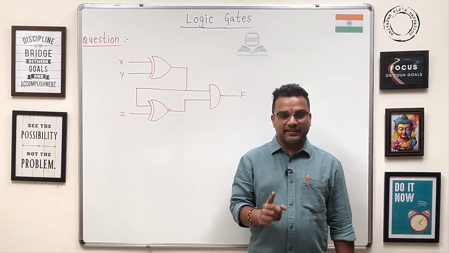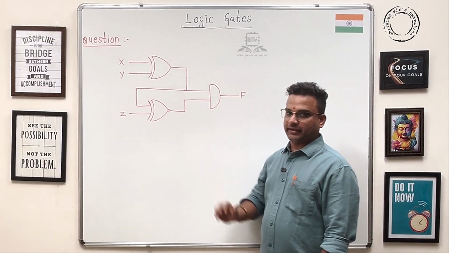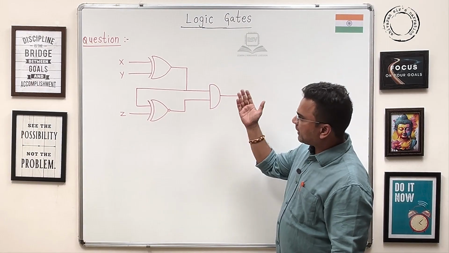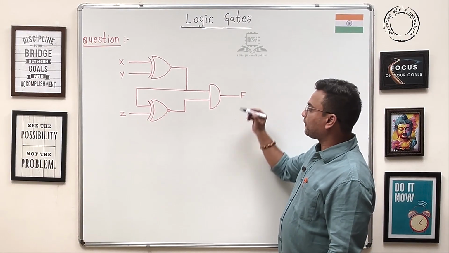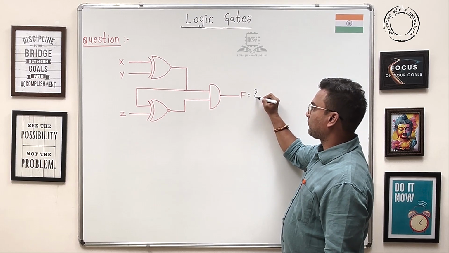Let's have another design challenge. This is the design. We have one XOR gate, XNOR gate, AND gate. And what is the simplified output expression?